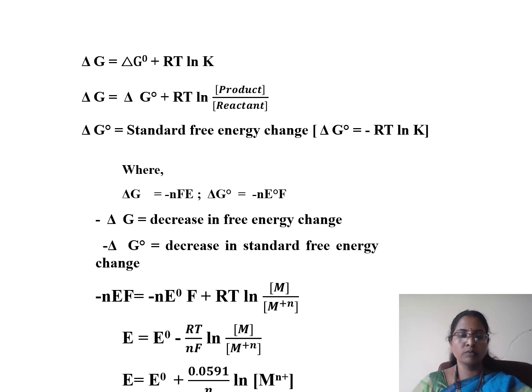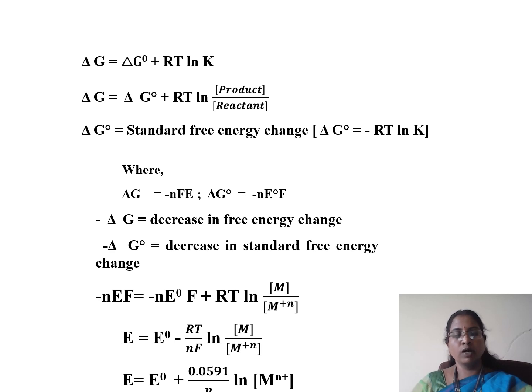0.0591 by N into ln. 1 by X equals minus ln X. Like that, ln of metal concentration over electrolyte is always ln 1 by Mn plus.